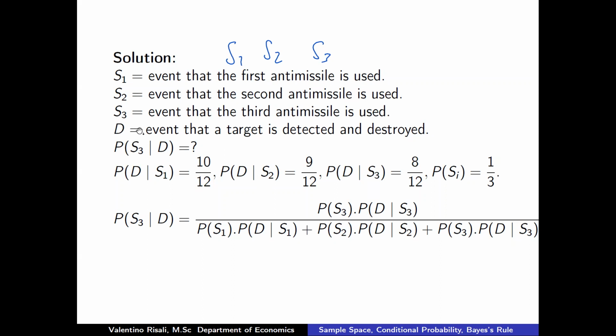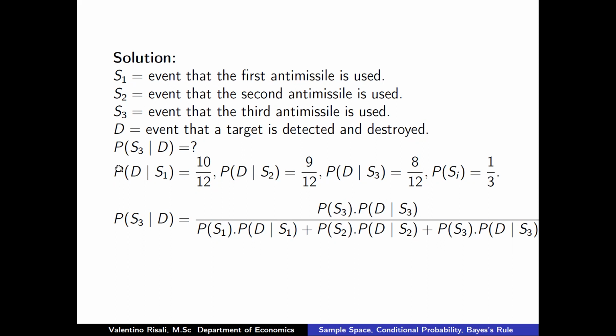And D means the event that the target is detected. From our question, we must find the value of P(S3 given D). Of course, once again, apply our previous formula. It is equal to this expression, and then we can find all of them.